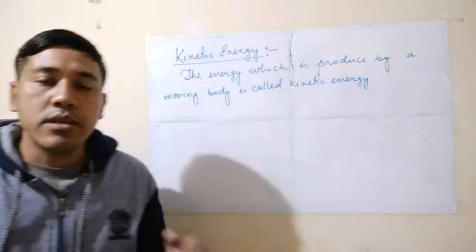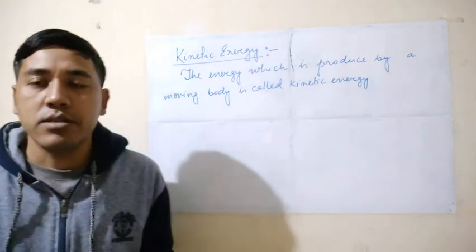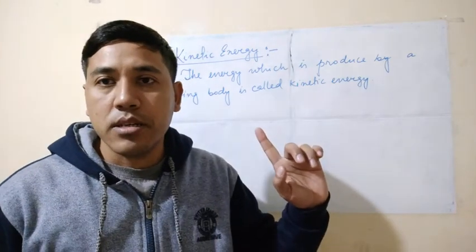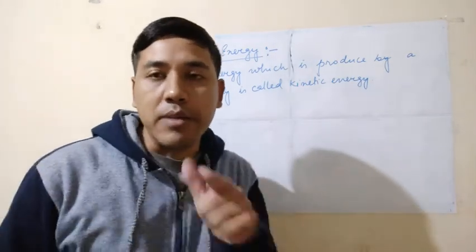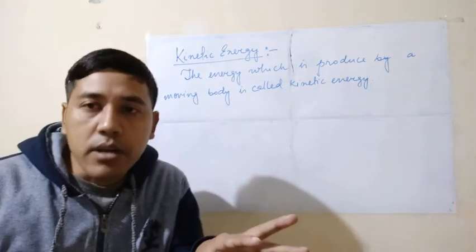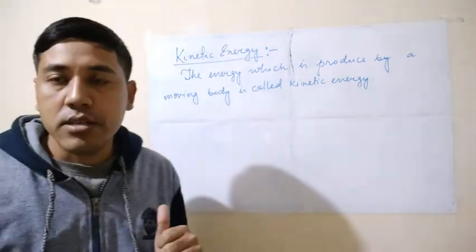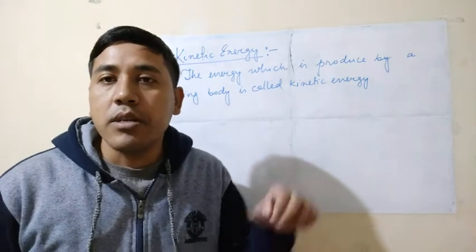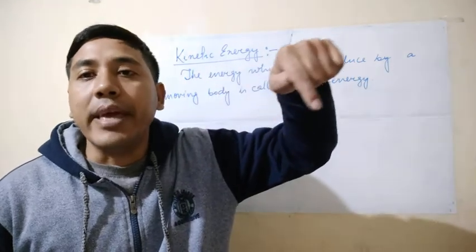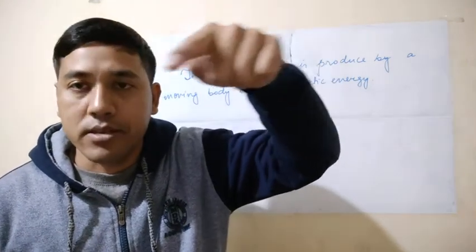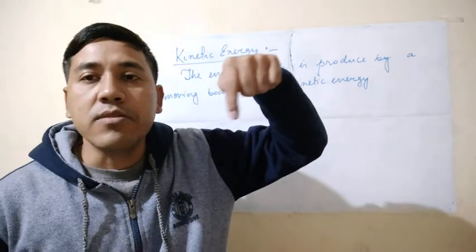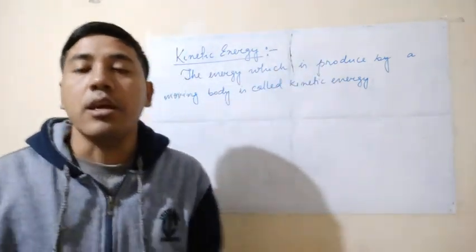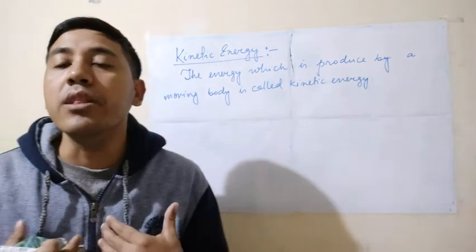This means any moving body produces some energy, and this energy is known as kinetic energy. You got my point? I will give an example. In the summer, we switch on the fan. After we put on the fan, the fan blade starts moving. The moving fan blade produces wind energy, because of which we feel cold.